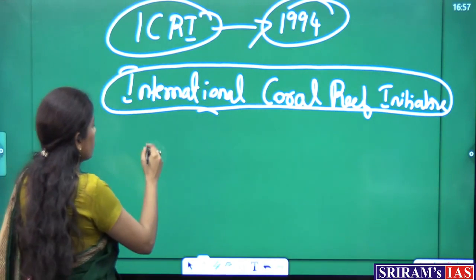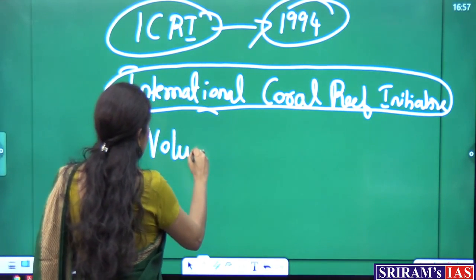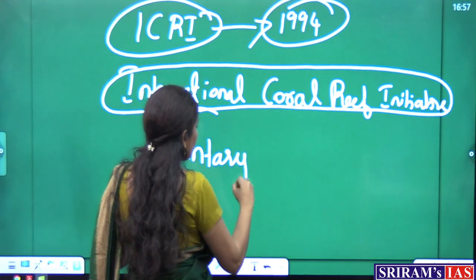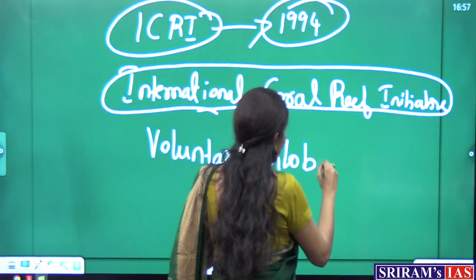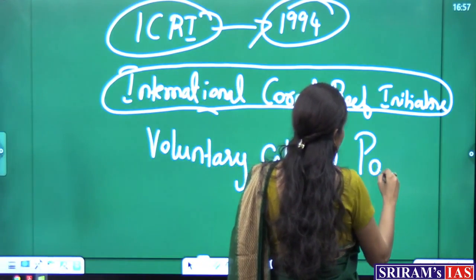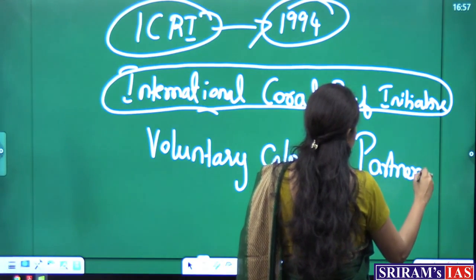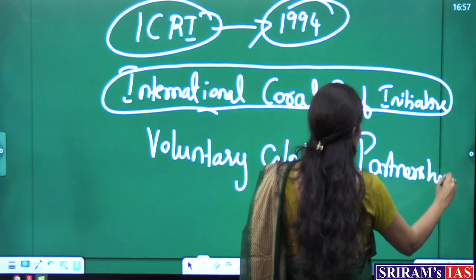This is nothing but a voluntary global partnership. So these words are important. When you are studying about this body, you have to take care of whether it is a government body or an international body. So it is a voluntary global partnership.